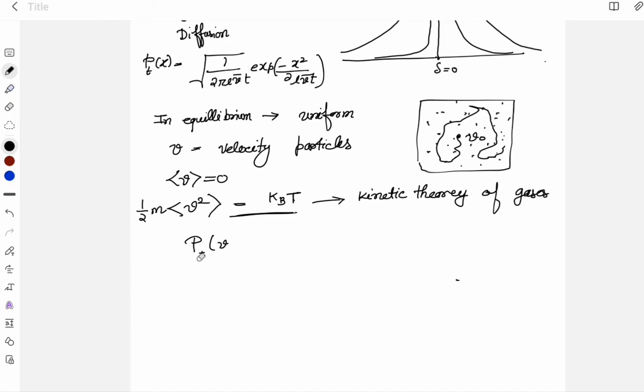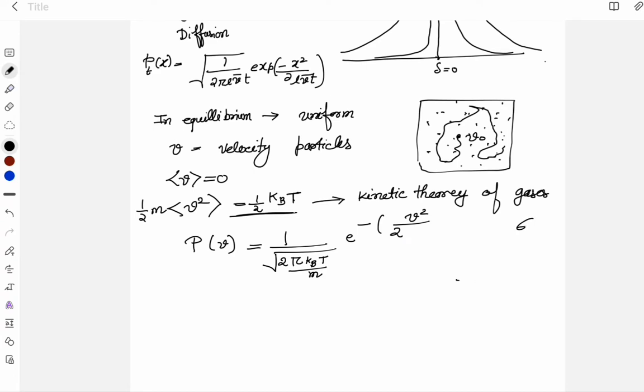So in that case the probability density function P(v) will be 1 over square root of 2 pi kBT over m, e to the power minus v square by 2 sigma square.